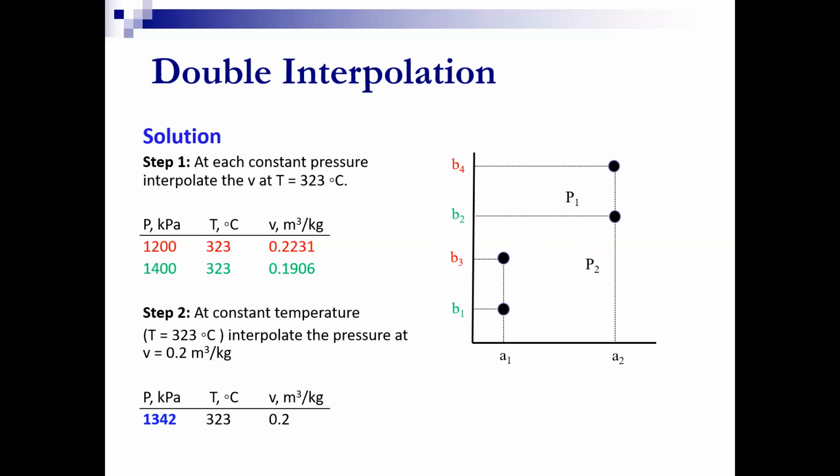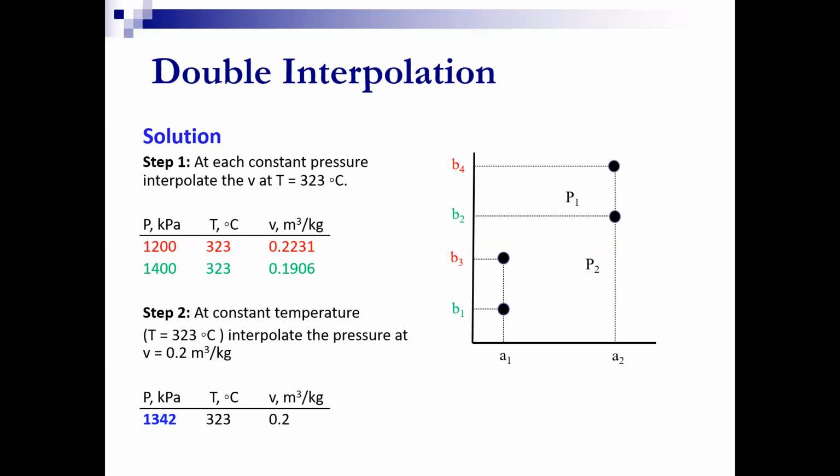For the given temperature, 323 degrees Celsius, I can interpolate and find that specific volume is 0.2231. Then I only look at the pressure of 1400 kilopascal. When the temperature is 323 degrees Celsius, I can interpolate and find that the specific volume is 0.1906. All right? Now the next step.